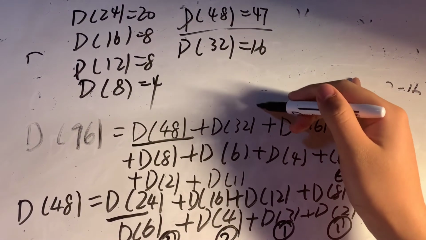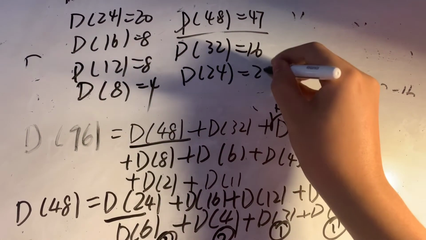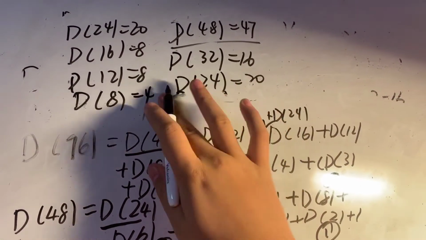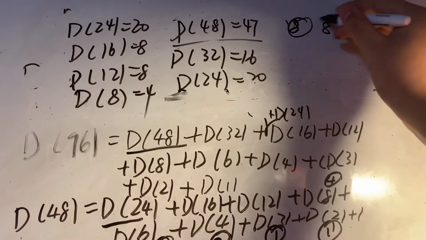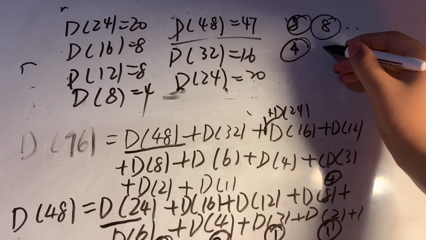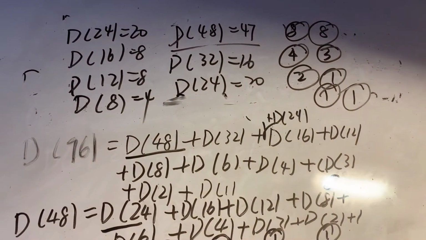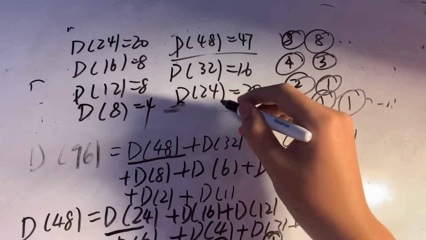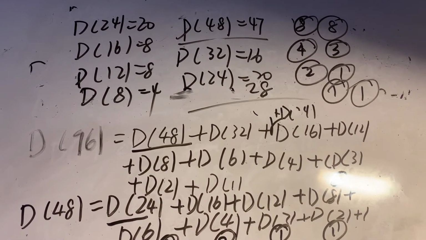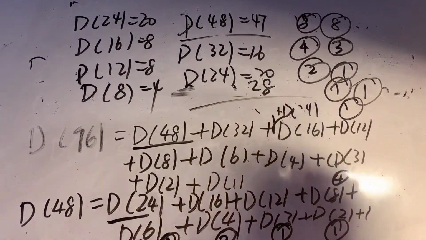There's a d24 missing. My bad. d24 is equal to 20. We have already calculated that. d16 is equal to 8. d12 is equal to 8. d8 is equal to 4. d6 is equal to 3. d4 is equal to 2. d3 is equal to 1. d2 is equal to 1, and also d1 is equal to 1.